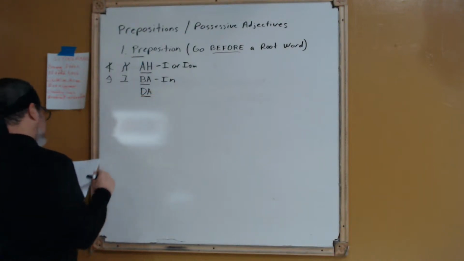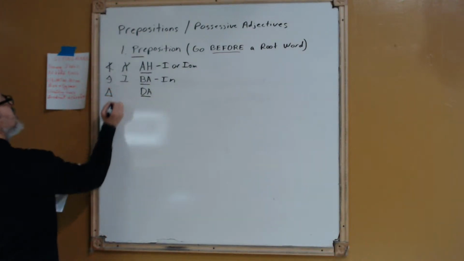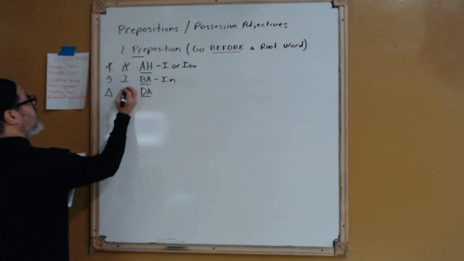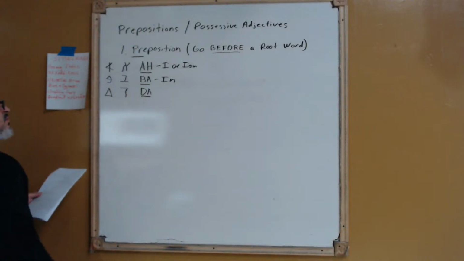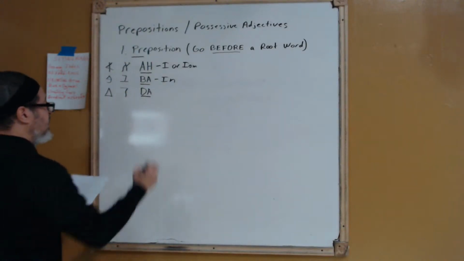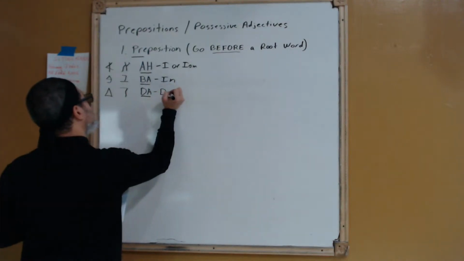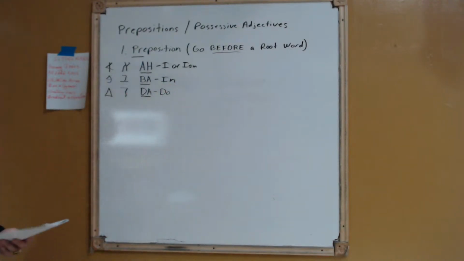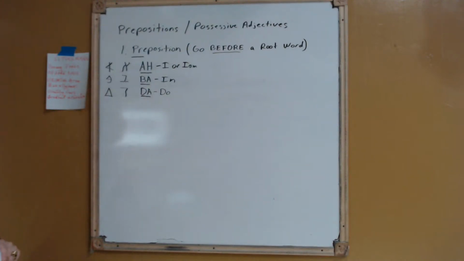And the da is again the triangle in the ancient, and it's short for door. And I drew the door in the modern. It's a line across, a squiggly line down. Okay, this actually could stand for do. So if you see a da at the start of a word, that could mean do.